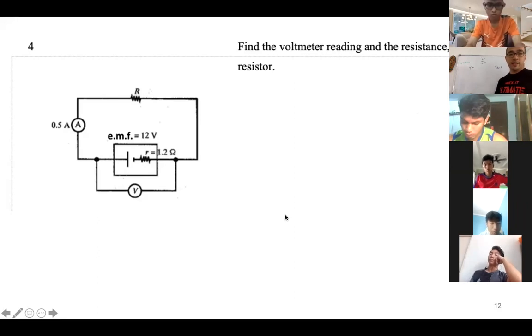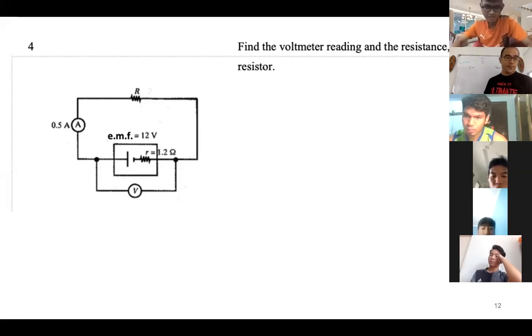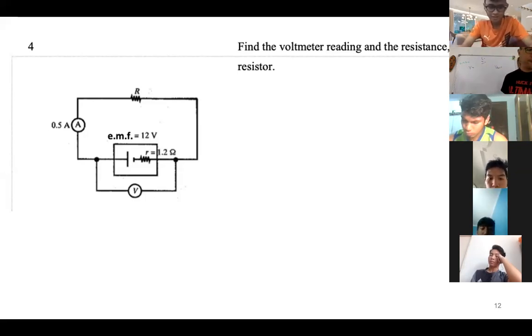Voltmeter reading 11.4. The voltage drop is 11.4. Which one, the voltmeter reading or the voltage drop? Voltage is 11.4, voltage drop 0.6.